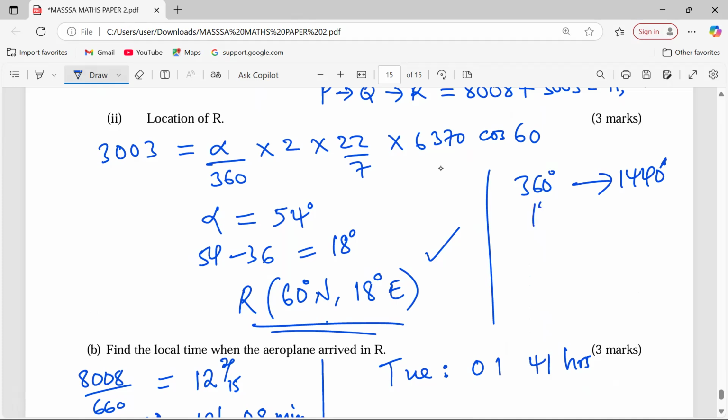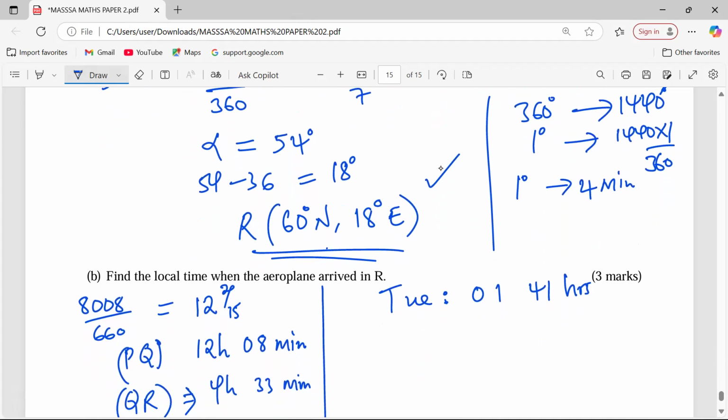What about 1 degree? 1440 over 360 gives us 4 minutes. So 1 degree is rotated through 4 minutes.